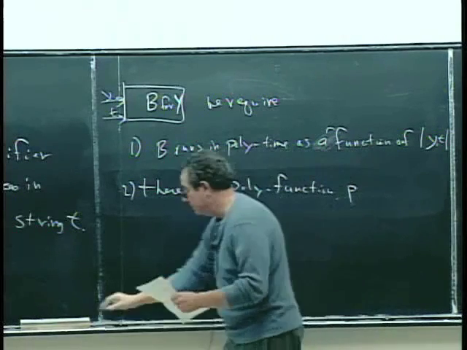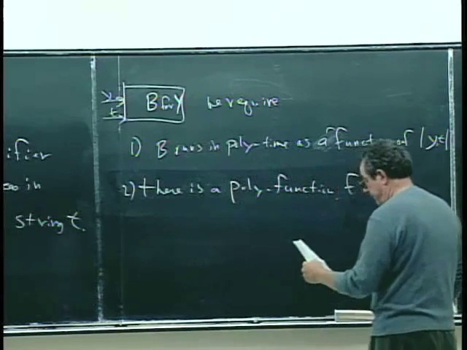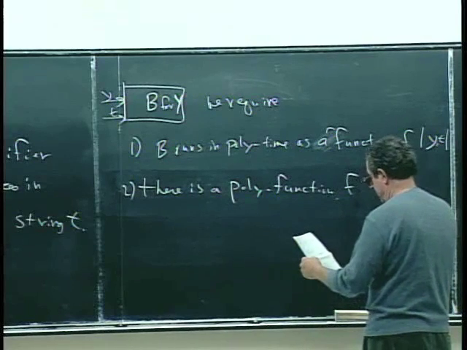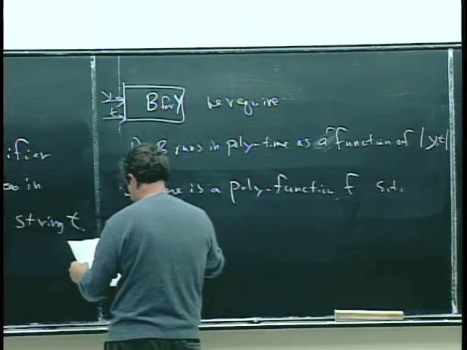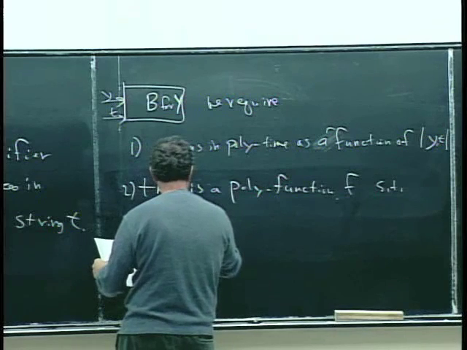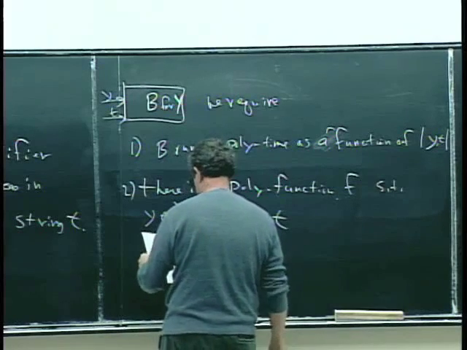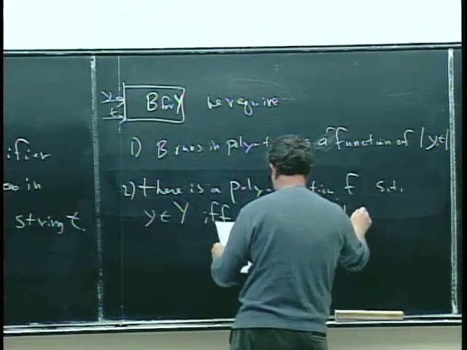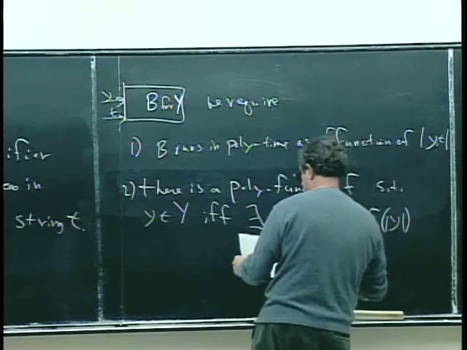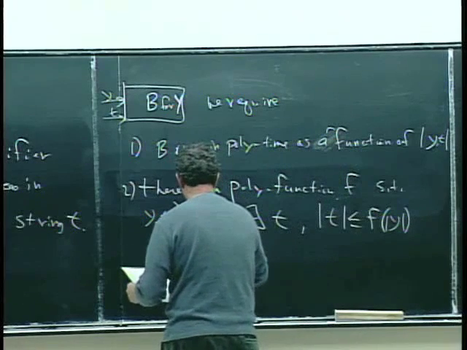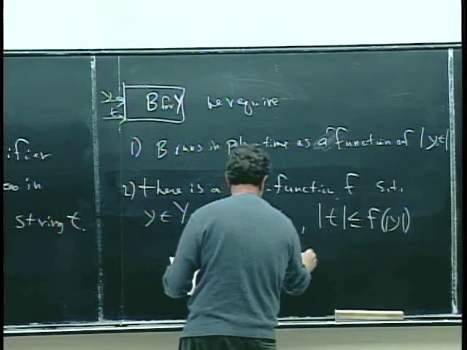Now let's call it f, too many p's, f such that little y is in capital Y if and only if there exists a t where t is less than or equal to f of y, and B(y,t) equals yes.